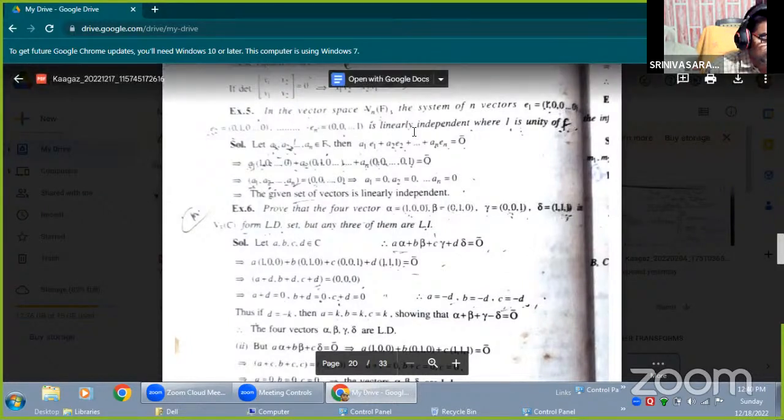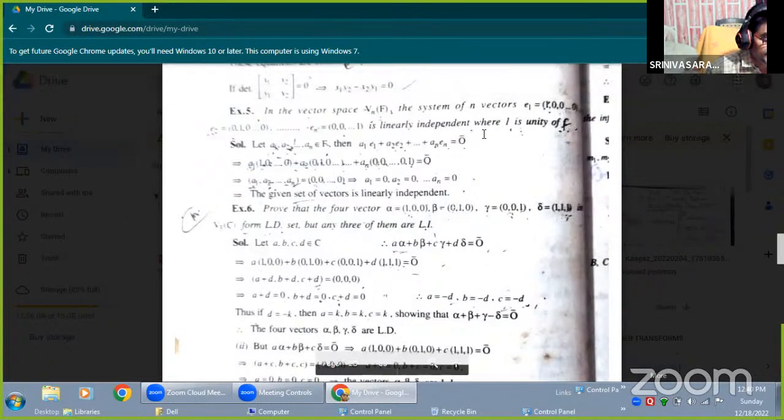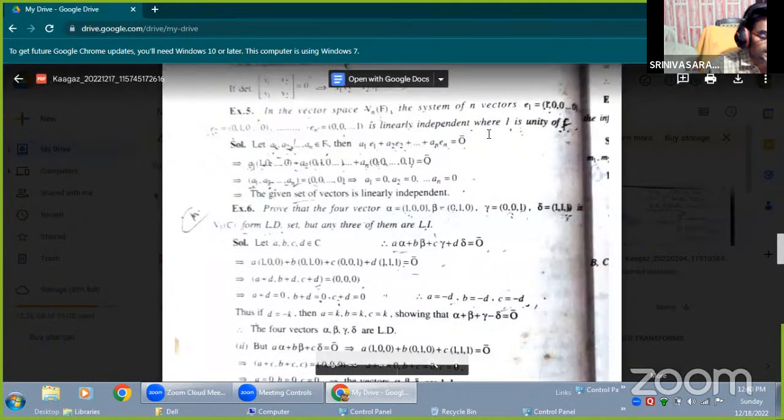Now, the standard basis is always linearly independent. All standard, usual, or regular bases are always linearly independent. You just have to practice. Suppose we take V2 of F, (1, 0), (0, 1), in the matrix: AD minus BC is 1 minus 0, we get 1 not equal to 0.